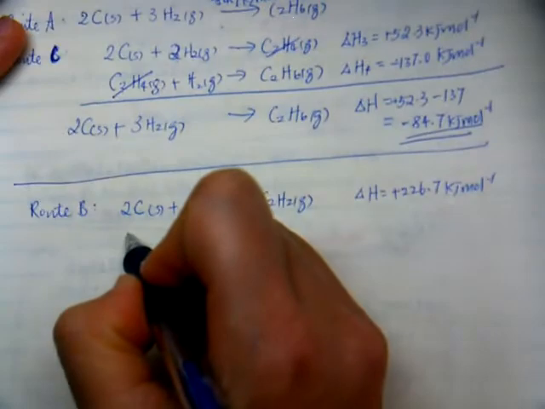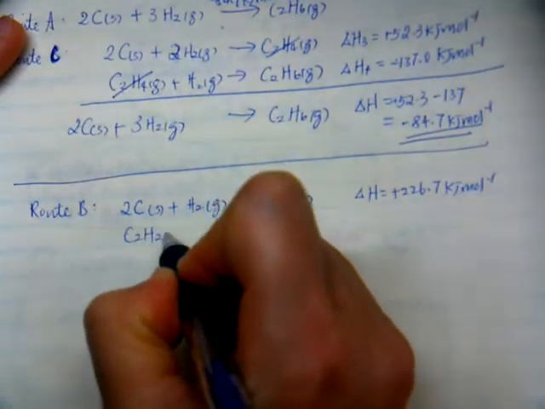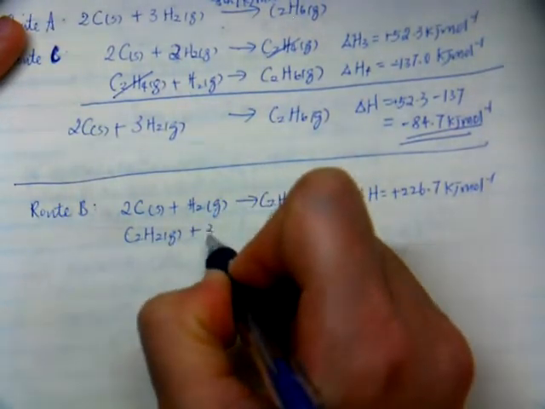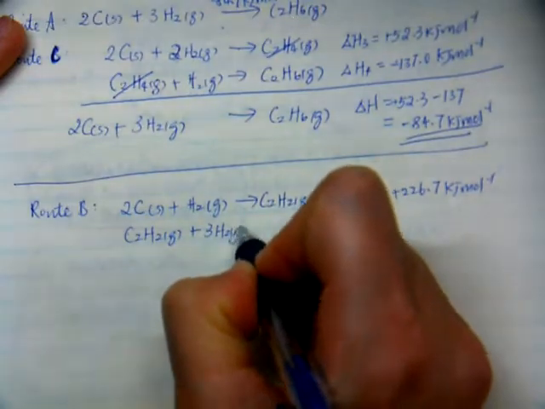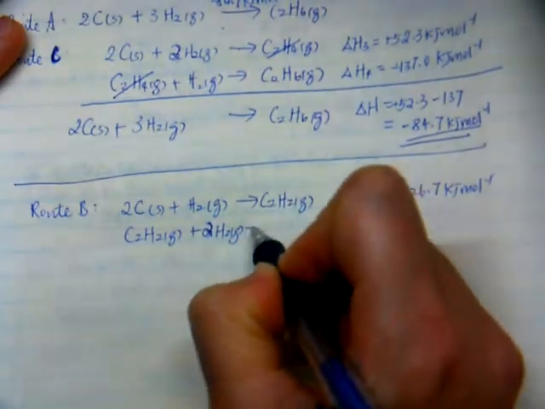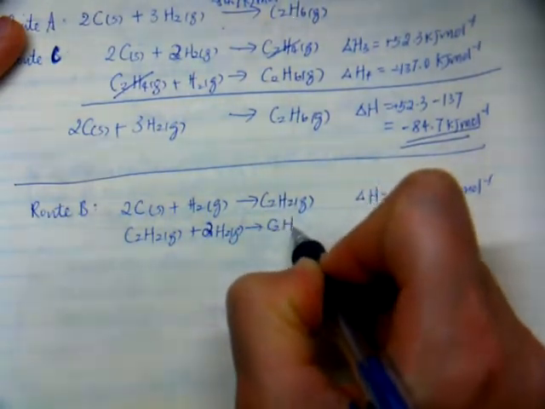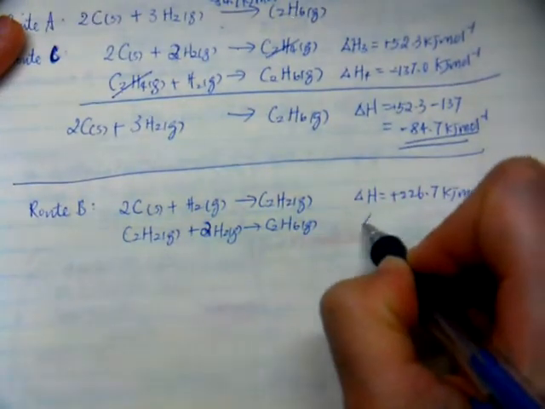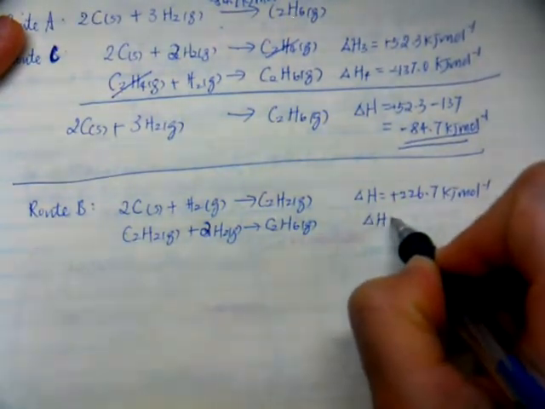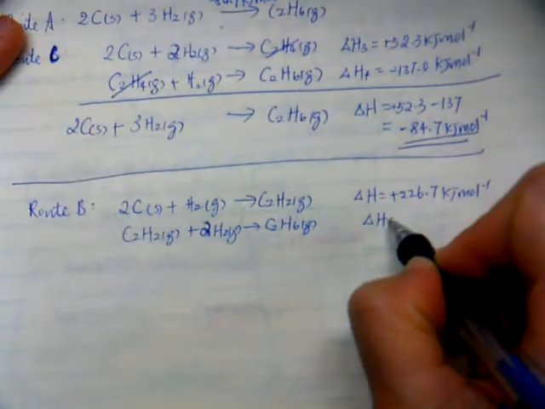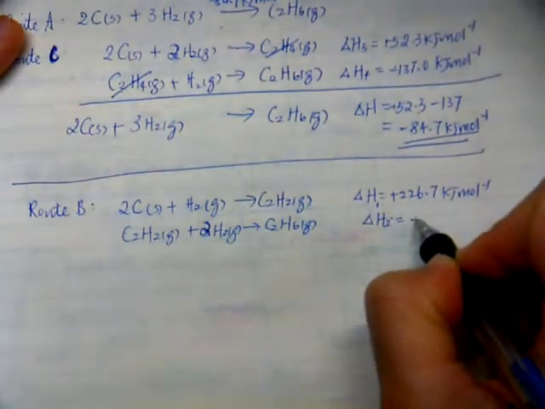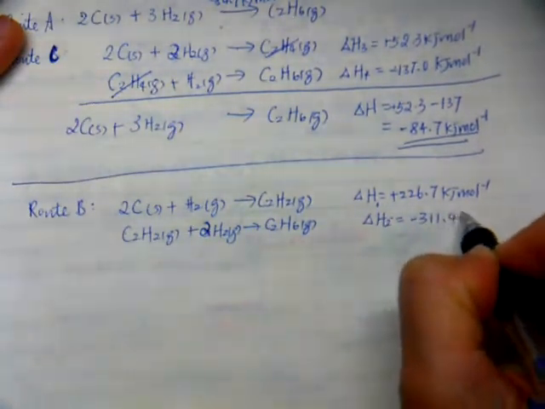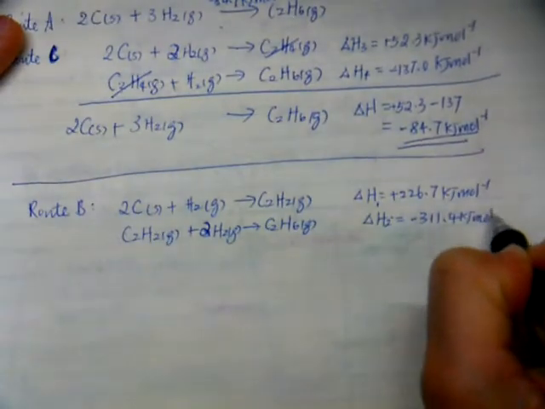The second step of route B has a value negative 311.4 kilojoule per mole.